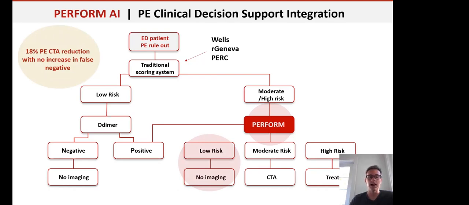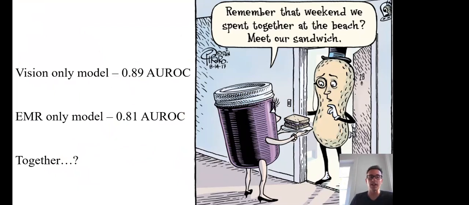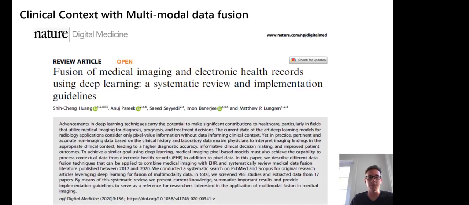So what does this mean? Well, let's just think about this now. We have a vision model, as I told you, that had fairly good performance, that looked at only the pixels. And now we have an EHR model that only looks at the clinical data or the context. So you probably understand where I'm going with this. Here's an opportunity for us as a field to try to match what human experts do and use the pixels and the clinical context together to make the best diagnosis.